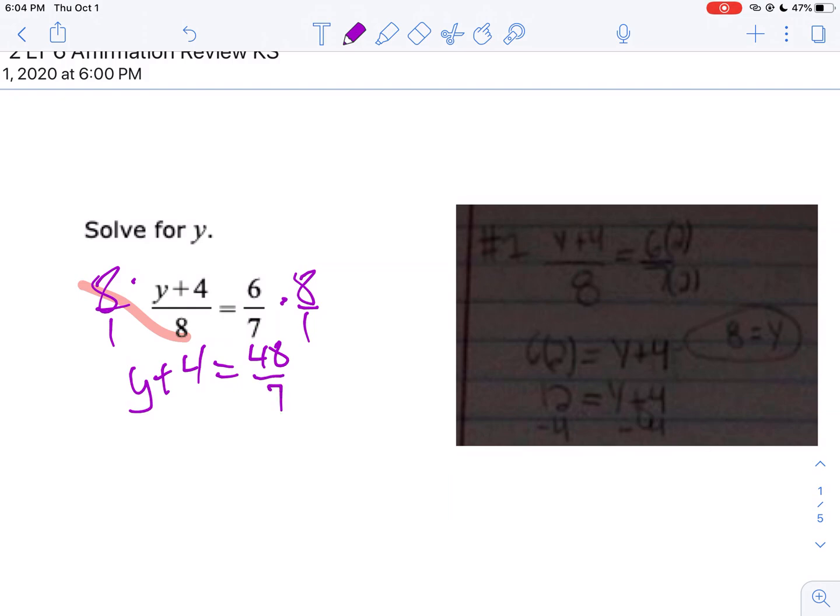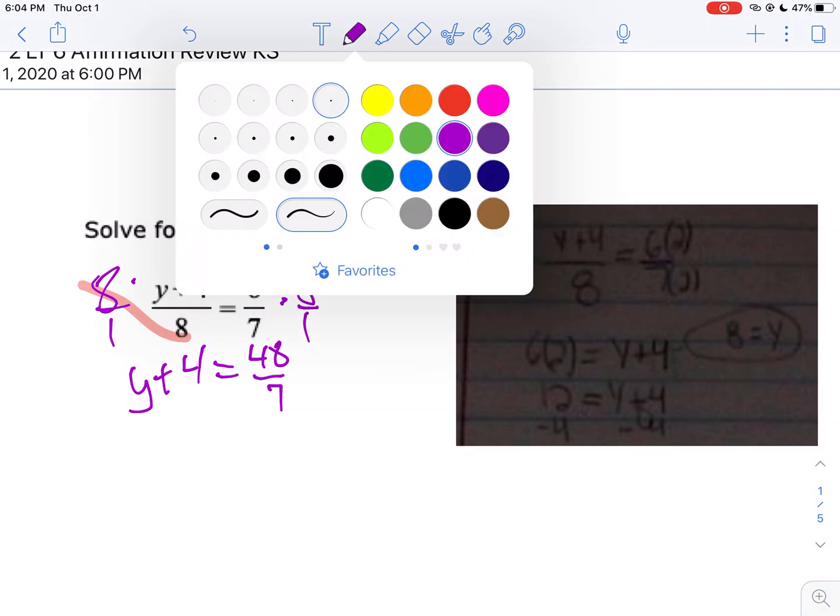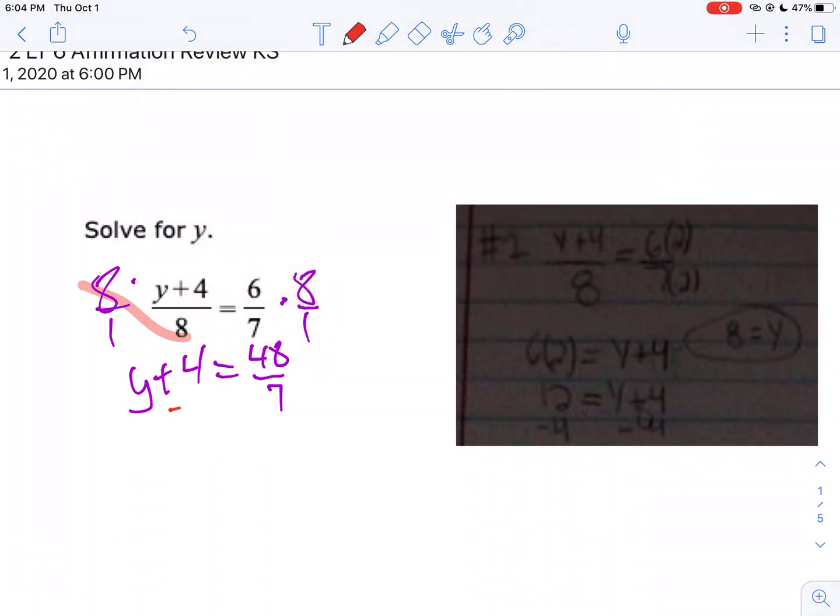Then we want to get y by itself, so we're going to subtract 4 from both sides. Remember, that's 4 over 1 if you want to write it as a fraction. In order to subtract fractions, because we can't just leave it like that, we got to simplify it, you need a common denominator. Well, your common denominator is 7, so we don't have to do anything with the 48. But we do have to change the denominator of 4 over 1 to 7.